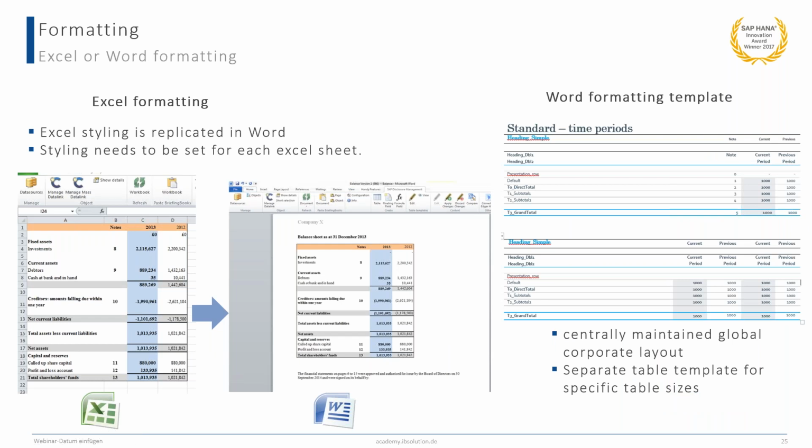Formatting. Disclosure Management gives you the flexibility to decide what you want to do with formatting. Do you want to apply your formatting in Excel, or do you want to apply it in Word? If you apply your formatting in Excel or in your data cache, it will mean that whatever you see in your data cache is going to be displayed in the Word chapter. Colors, indentation, format of the figures, etc. So it is like for like.